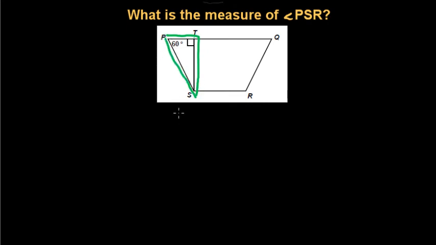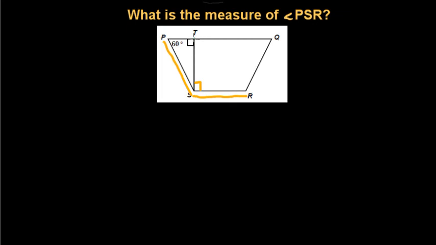We're going to use the clues that were given to solve for this whole thing. What we're trying to identify is angle PSR, so P to S to R. First off, we know this angle right here is a right angle. These two sides are parallel.